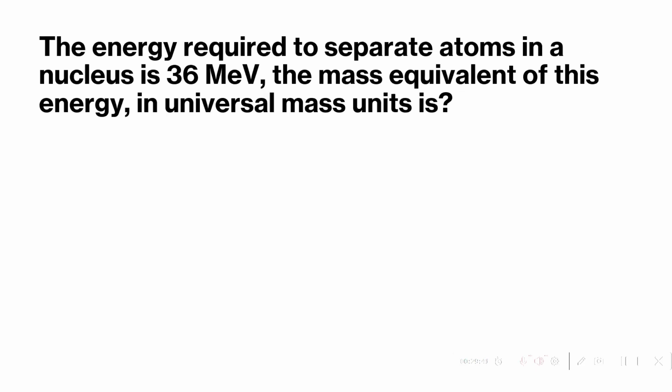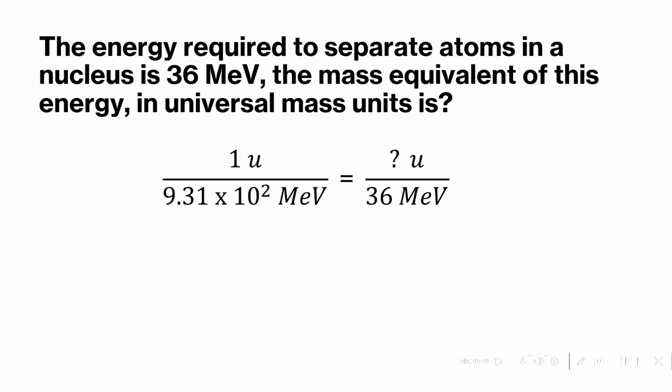So one of the ways to find this mass defect: the energy required to separate atoms in a nucleus is 36 electron volts. The mass equivalent of this energy in universal mass units is this. So we set up using 1 U is equal to 9.31 times 10 to the second mega electron volts, and we're looking for this. This fraction is equal to 1, and then we're looking to set another 1 equal to 1.